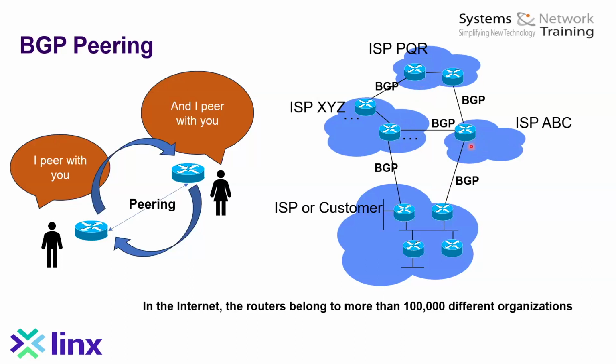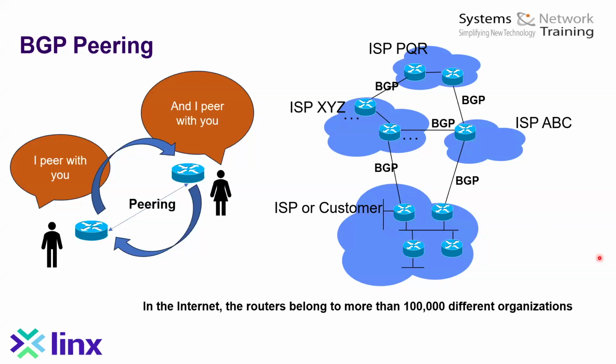BGP allows route sharing from one part of the globe to another part of the globe, one part of the country to another part of the country, across continents, etc. Share routes so that we as users, we as consumers can get access to services across the globe. So the BGP peering sessions enable that sharing of knowledge.